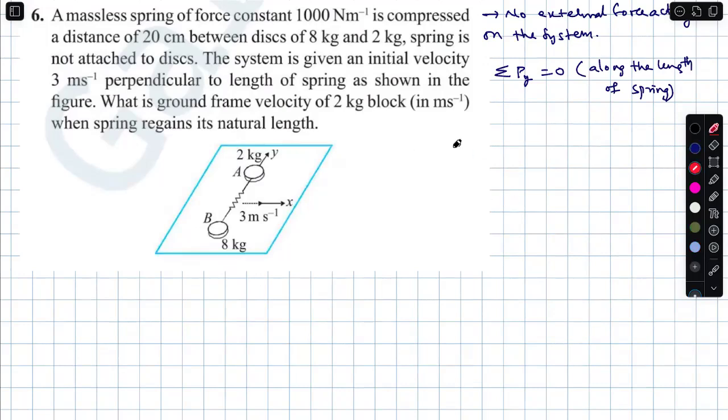I am assuming when the spring regains its natural length, let us assume this is Vay.